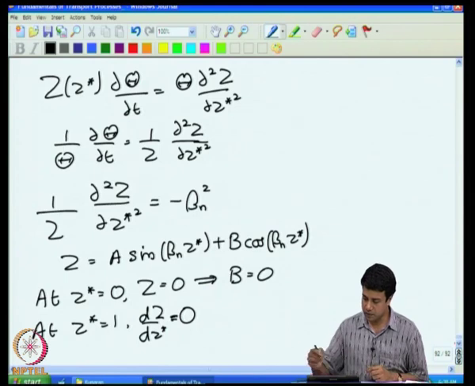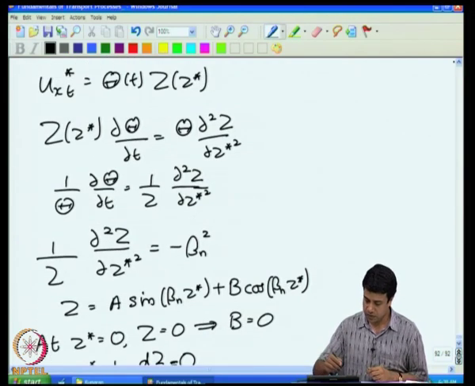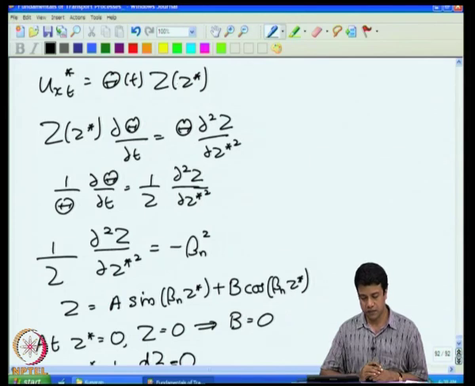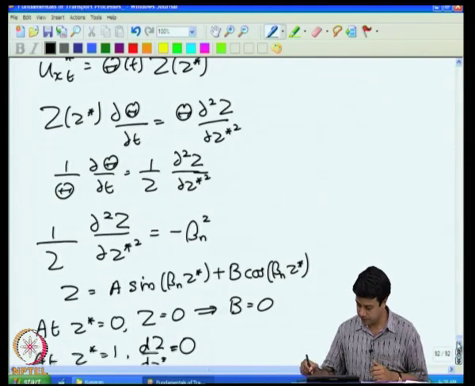Velocity is the product of two functions. One is a function of time, the other is a function of z. When I take the derivative of velocity with respect to z, this first theta is independent of z, and therefore, I just get dZ by dz star. And if dux by dz star has to be 0, that means d of capital Z with respect to z star has to be equal to 0.